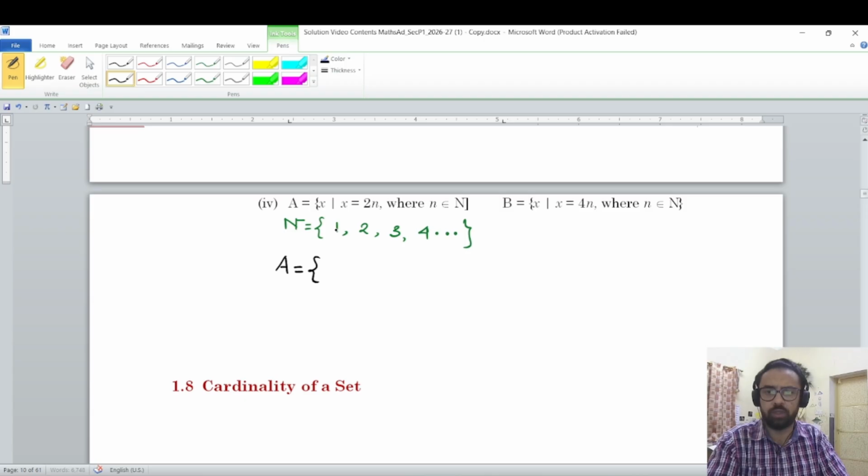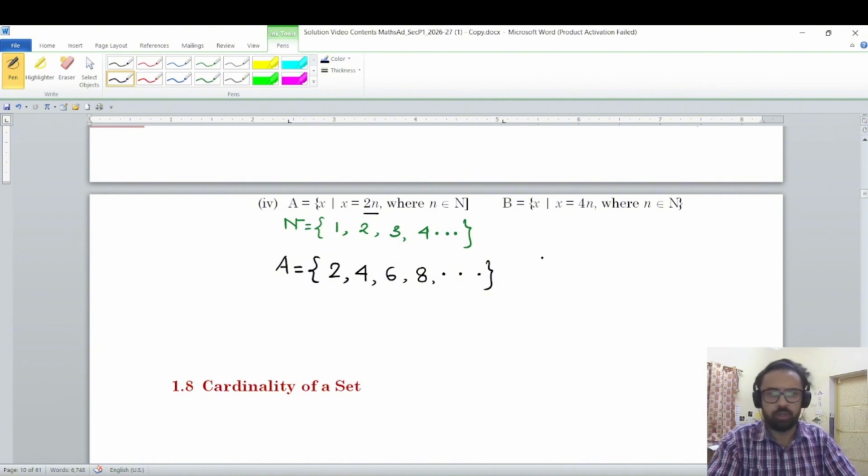Suppose n equals 1, then x will be 2 multiplied by 1, that is 2. So the first element will be 2. Next, n equals 2, then 2 multiplied by 2 is 4. So the next element will be 4. If n equals 3, then 3 multiplied by 2 is 6. Similarly, the next element will be 8, and so on.